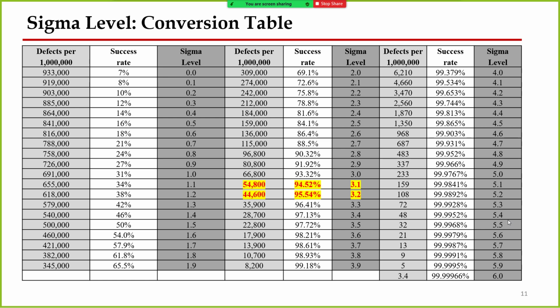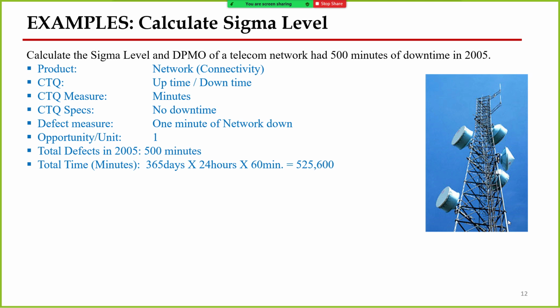So remember that right now, the example I'm giving is based on discrete data. For continuous data, the sigma level is going to be calculated based on the normal distribution. The method is different, which we are not going to discuss in today's lecture. So I'm giving the example from discrete data, where we have the information with respect to the number of defects.